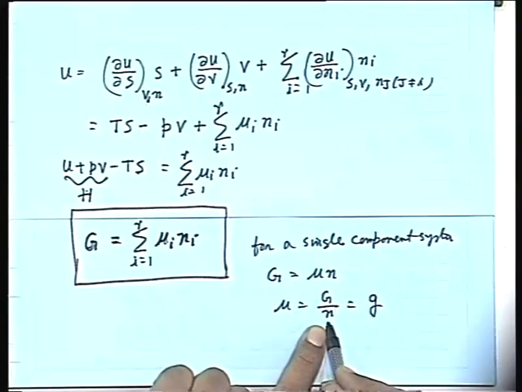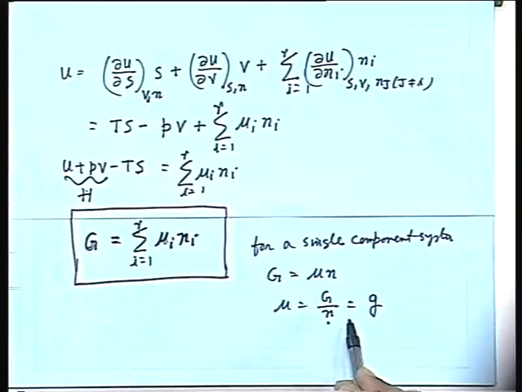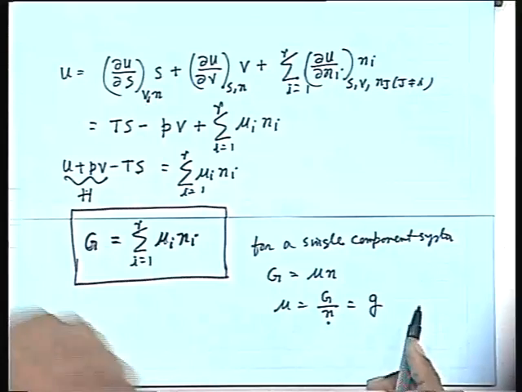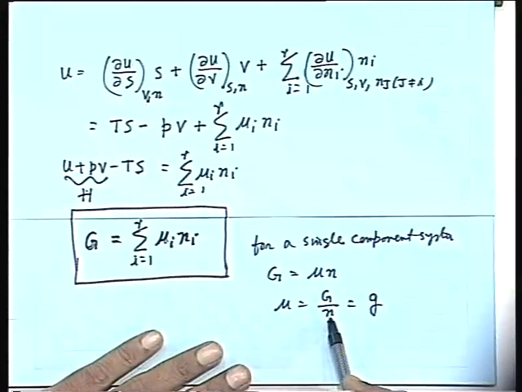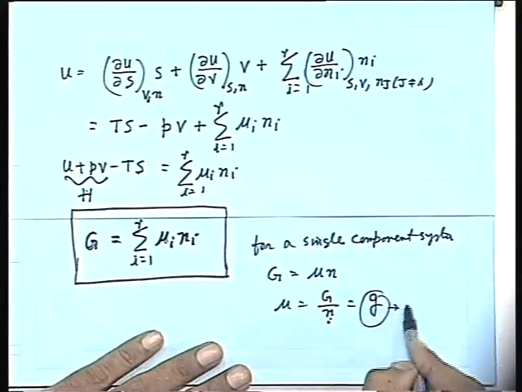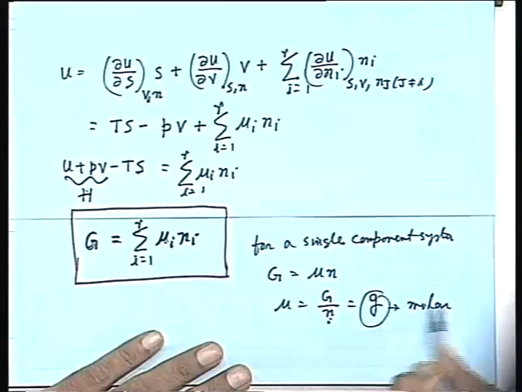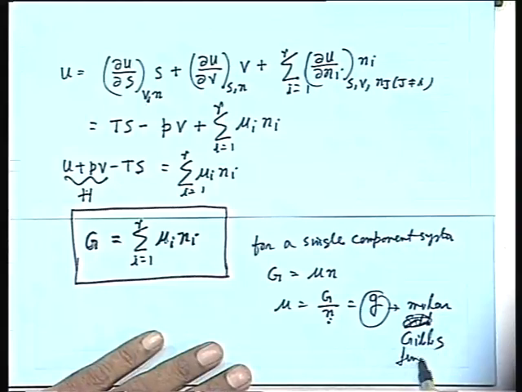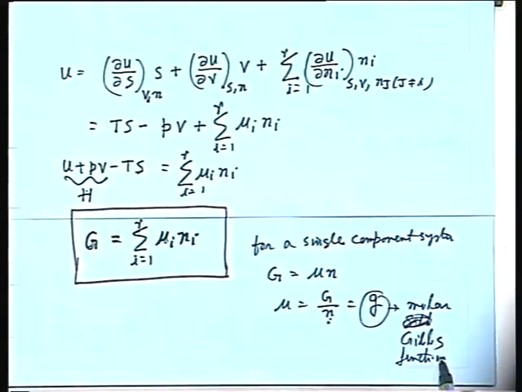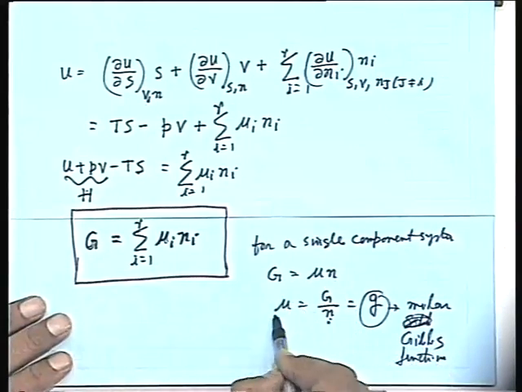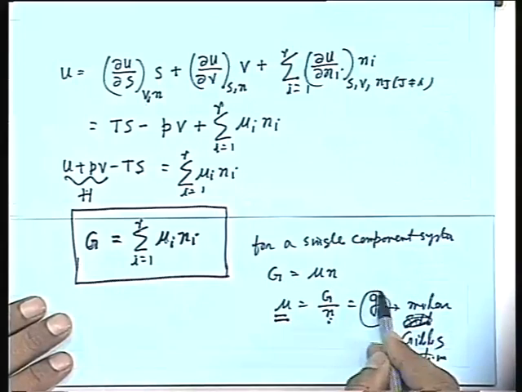That is property per unit mole. Mole is the amount of the system. So G/n is the molar Gibbs function. Therefore for a single component system, the chemical potential becomes equal to the molar Gibbs function.